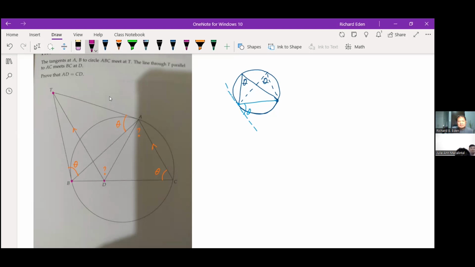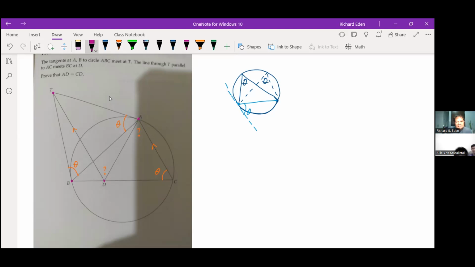Or if we can prove that BDAT is cyclic, which I think is okay. How?